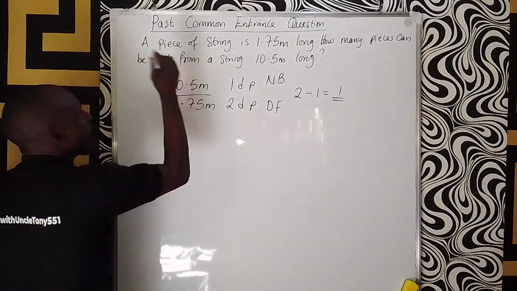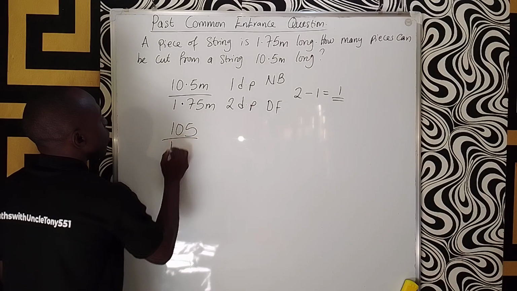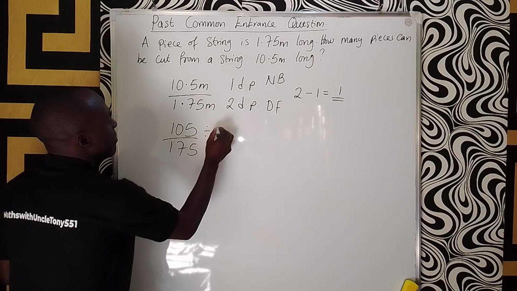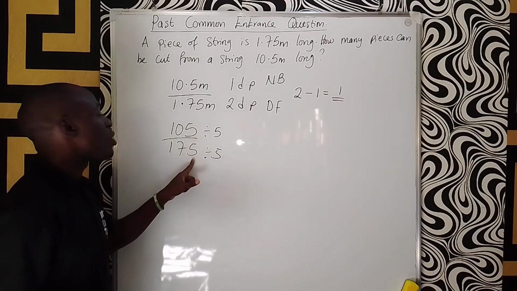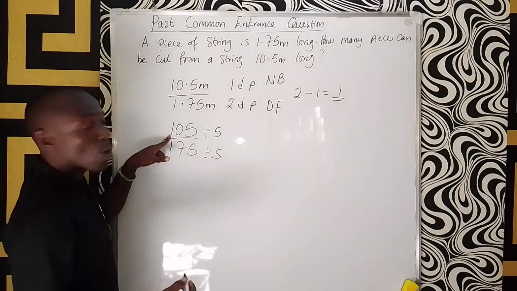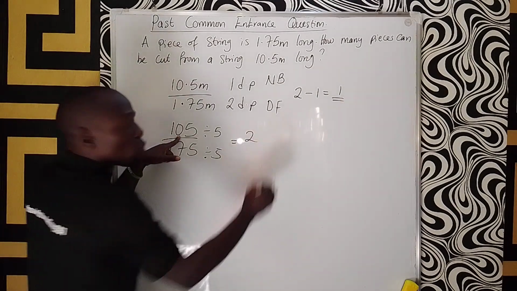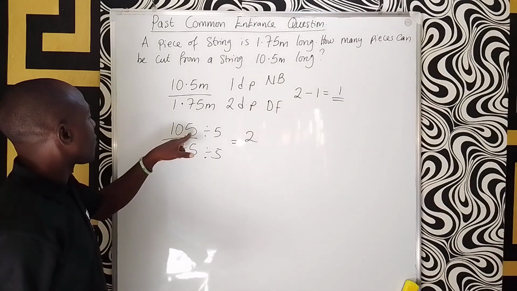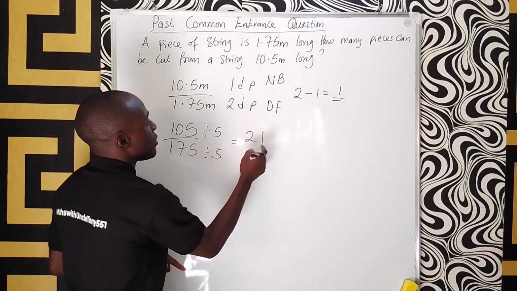Okay, we can now confidently remove the decimal point. We have 105 over 175. Divide by 5, divide by 5, because this number ends with 5, this number ends with 5. It can be divided by 5. So 1 divided by 5 cannot. We go to the next number, which is 10. 10 divided by 5 will give us 2, no remainder. 5 divided by 5 is 1.